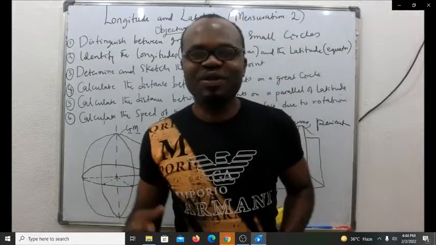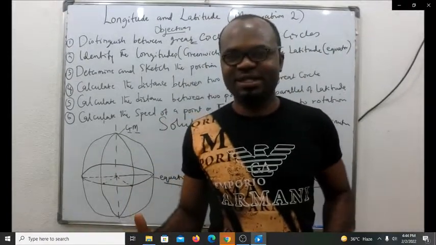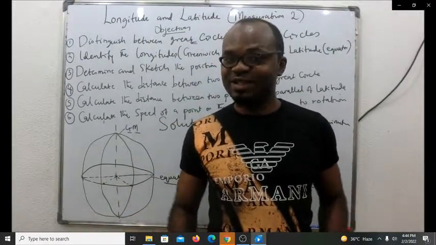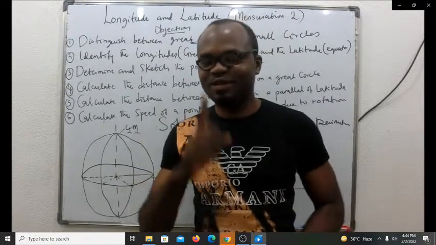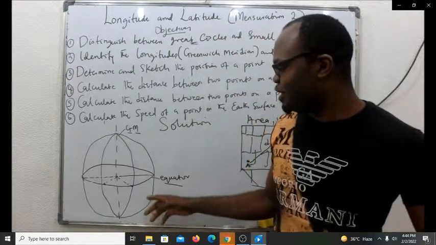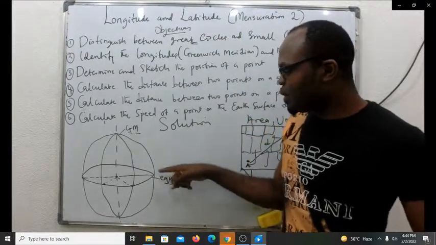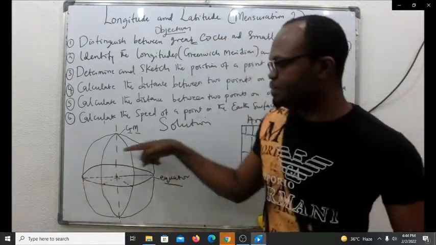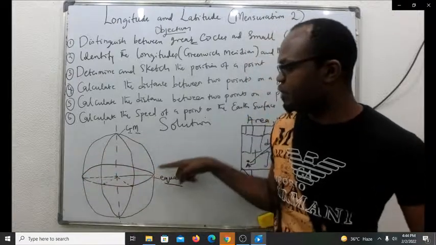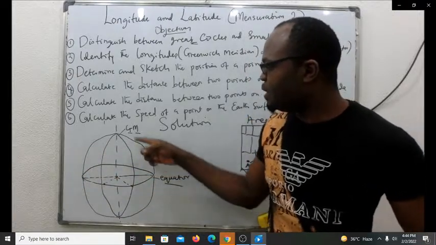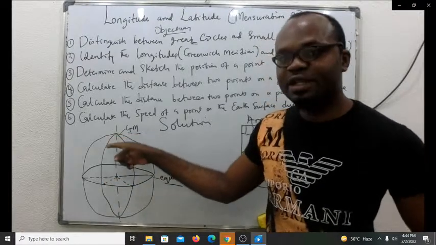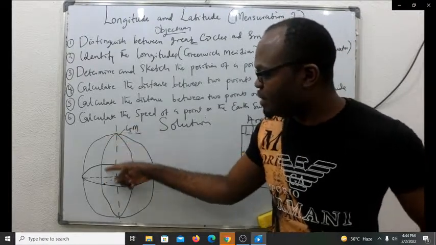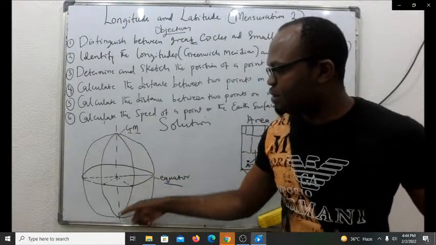And they are going to be used as reference points in the calculations that we're going to be doing under longitudes and latitudes. So very importantly, take note of these 2: the equator, which is the horizontal circle through the middle of the Earth's surface, and the Greenwich meridian, which is the circle through the middle of the Earth's surface also, but this time a vertical circle.